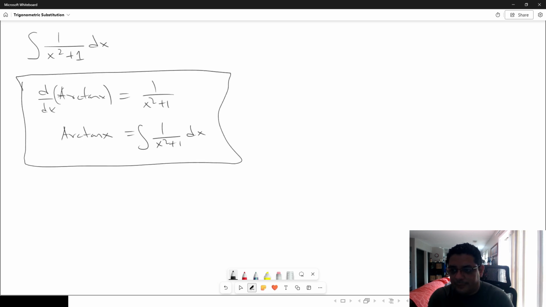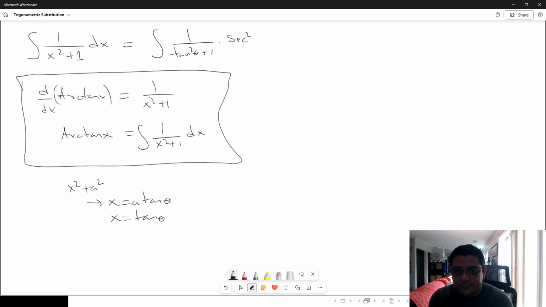And so as before, we saw that this step of x squared plus a squared gives me the x equals a tangent of theta substitution. And of course in this case a is 1, so it's just going to be x equals tangent of theta. And so if I plug that in here, this is just going to give me 1 over tangent square of theta plus 1 times secant square of theta d theta.